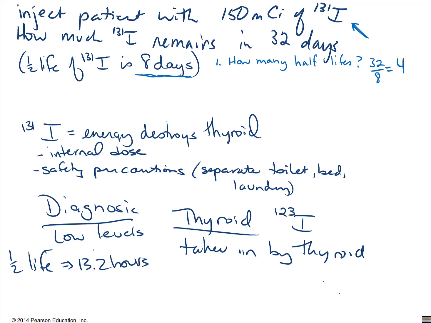Okay, so that's 4 half-lives that go on. So if we start off with 150, in 1 half-life, how much would be left? Divided by 2. So in 8 days, you would have 75.